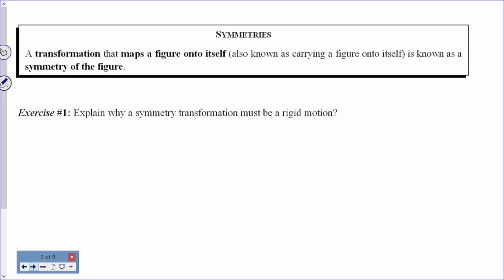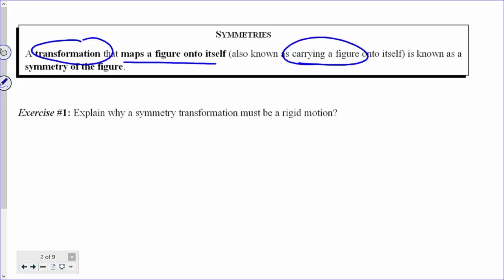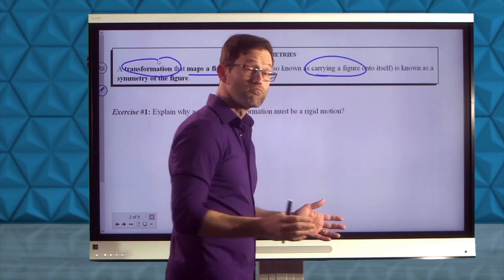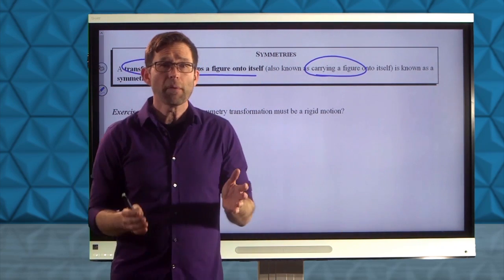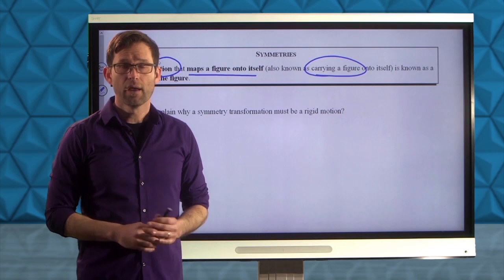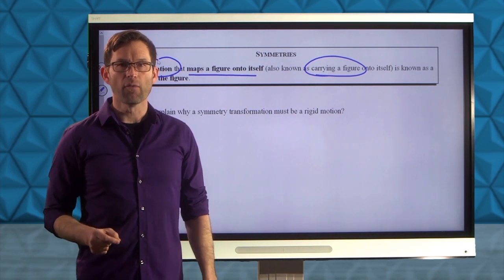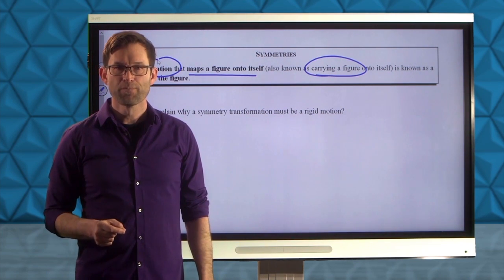Symmetries. A transformation that maps a figure onto itself, also known as carrying a figure onto itself, is known as a symmetry of the figure. So, we talk about figures having symmetry, but a symmetry itself is a transformation.